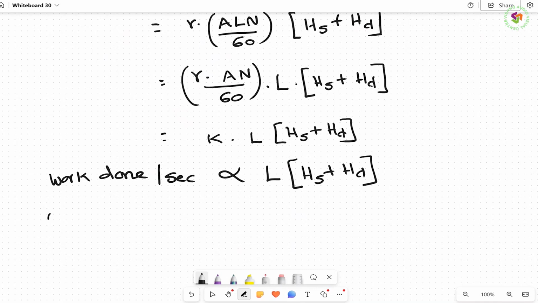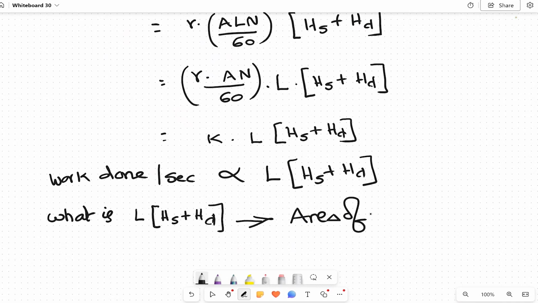What is L into HS plus HD? Just look at the diagram. L is the horizontal x-axis, HS plus HD is the y-axis. It is nothing but the area of the indicator diagram.